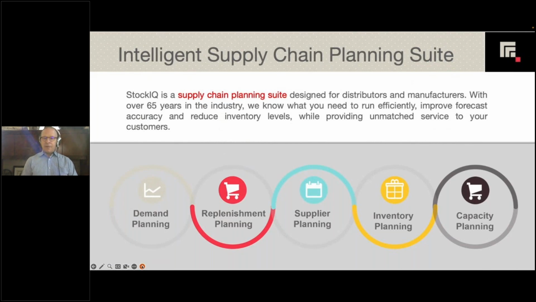Inventory planning. Think about establishing the correct inventory buffer, meaning how much do I need to carry on a specific item to meet my specific goal? So we will identify that proper inventory level for each and every SKU for your entire network. Capacity planning for our manufacturers and or our distributors who are using external capacity from vendors.